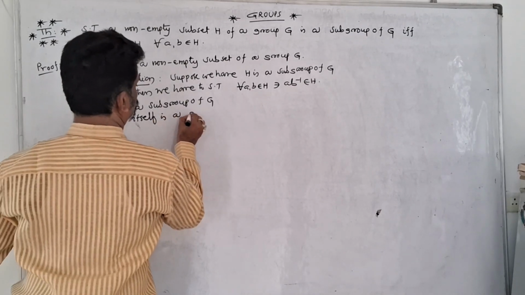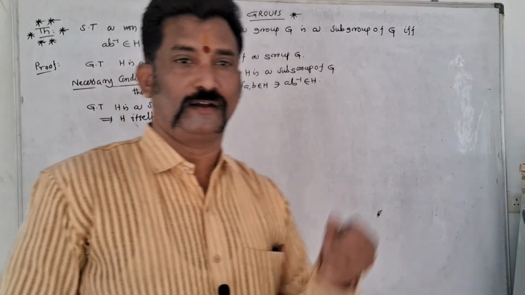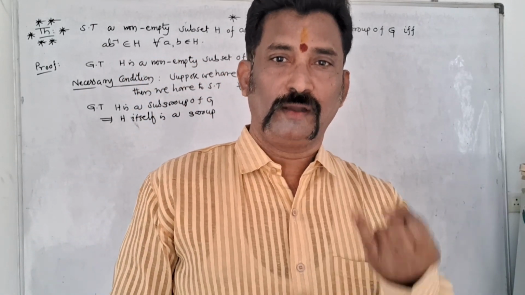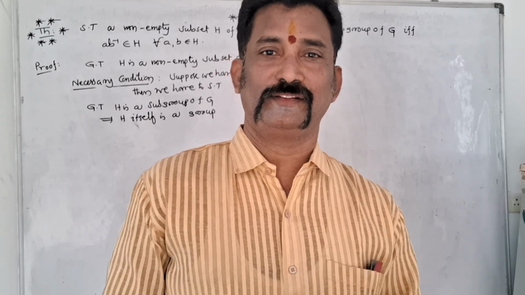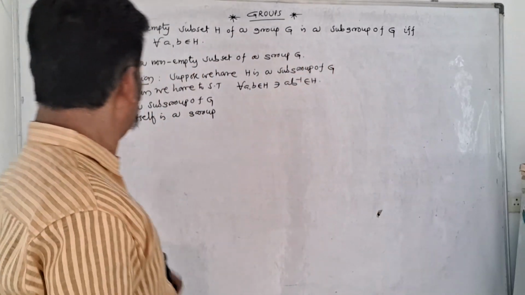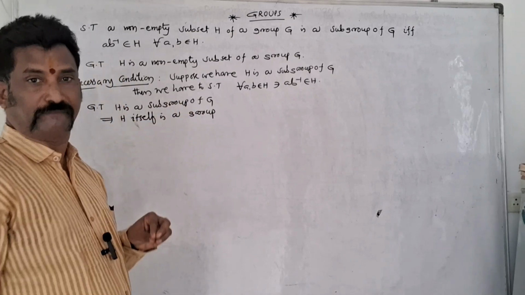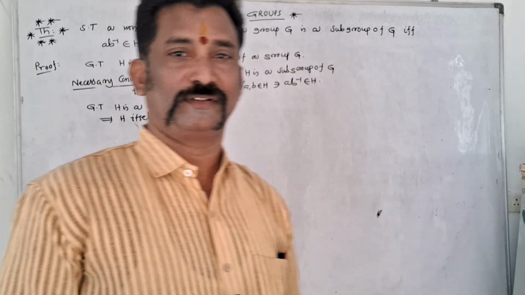Group means H satisfies the closure property, associative property, identity property, and inverse property. All 4 properties are satisfied. By using the group definition, we have to show that AB inverse belongs to H.